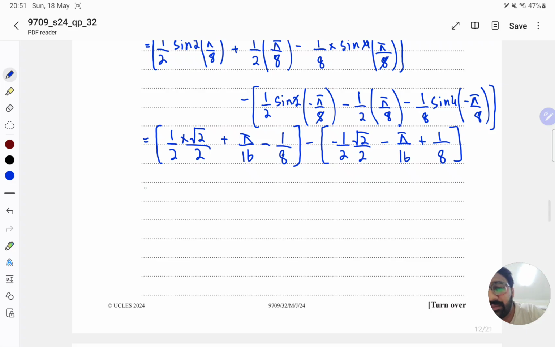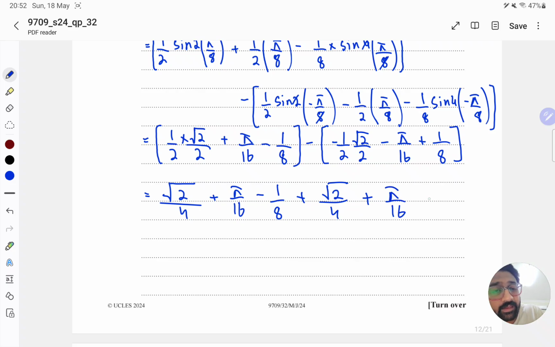Positive 1 by 8. So if I further simplify, if I expand it, it will become square root of 2 by 4 plus pi by 16 minus 1 by 8 plus square root of 2 by 4 plus pi by 16 minus 1 by 8.